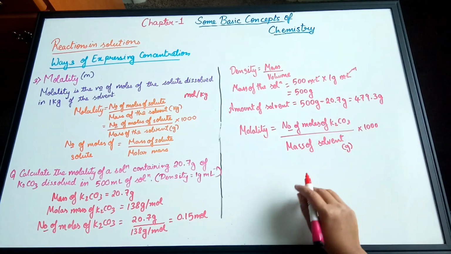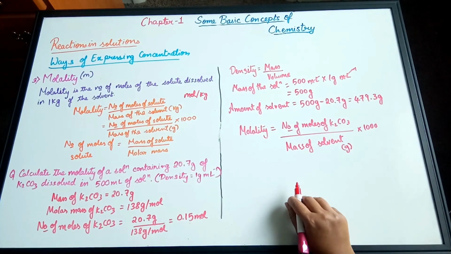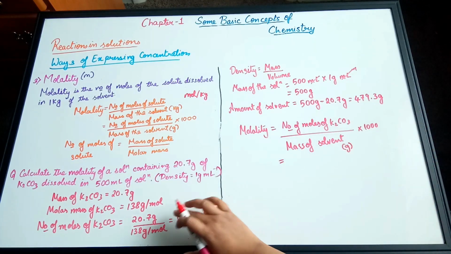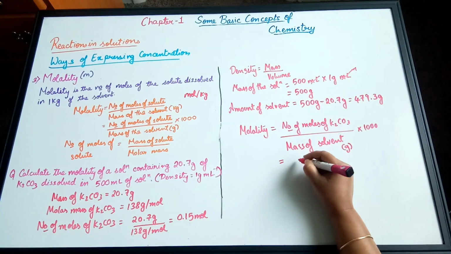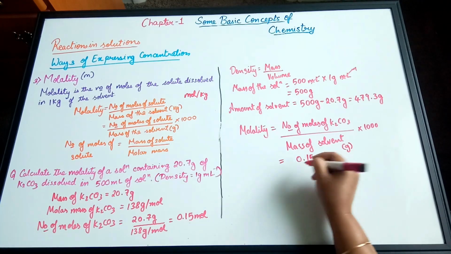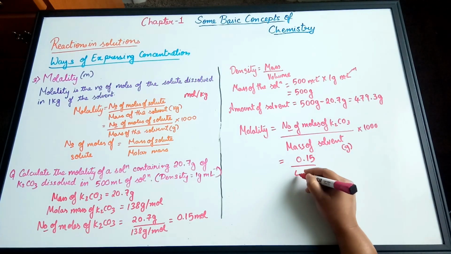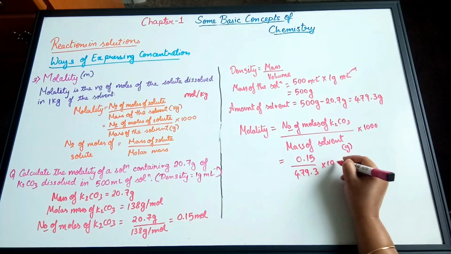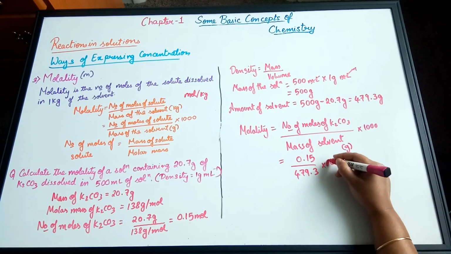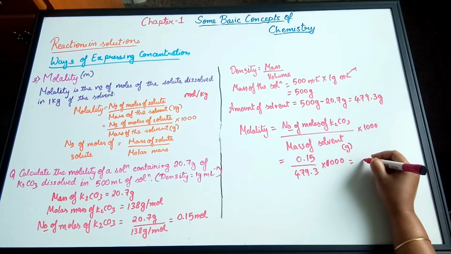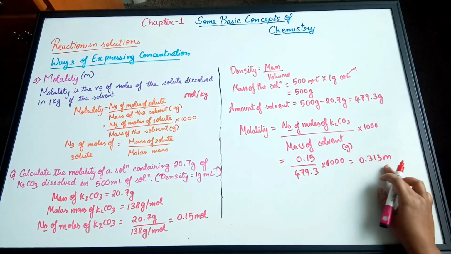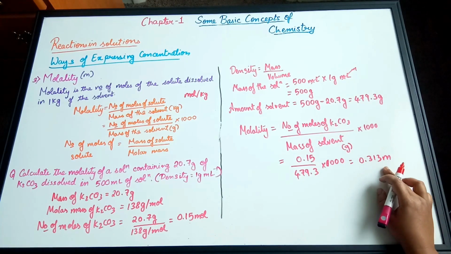Right. So here we are just going to be substituting the values. The number of moles, 0.15, divided by 479.3 into 1000. When this is simplified, we get the value as 0.313 molal. Here it is molal. There in molarity we refer to it as molar.